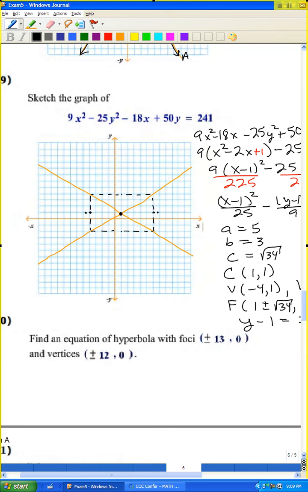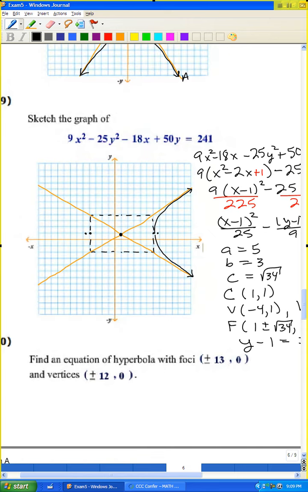Okay, so let's see. Not too bad. Better.